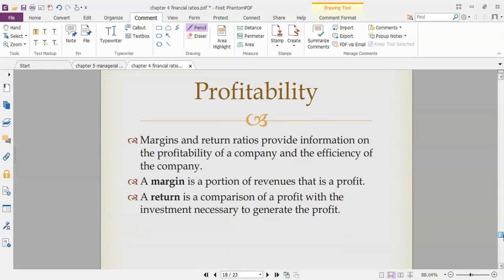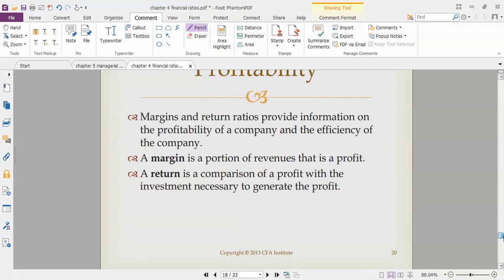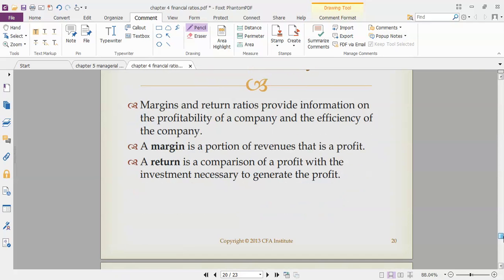Okay, what is profitability? Profitability is the margins and return ratios that provide information on the profitability and the efficiency of a company. If a company is high in profitability, it means that the company is efficient.